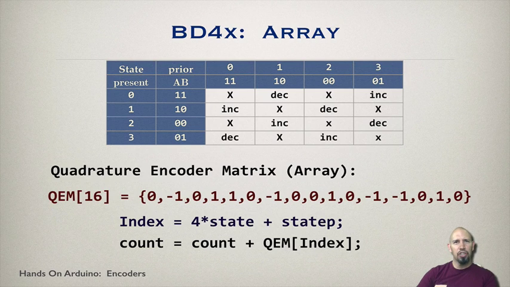A volatile is used with an interrupt service routine because the interrupt service routine isn't called by either the setup routine or the loop routine.